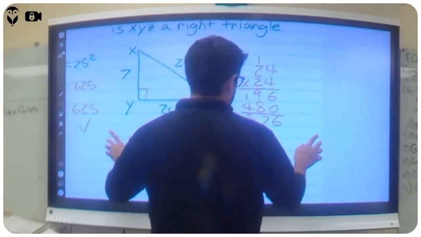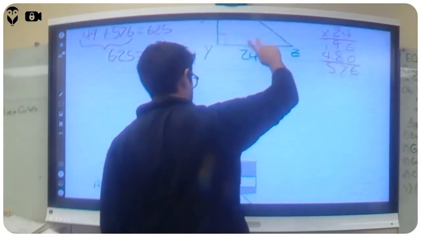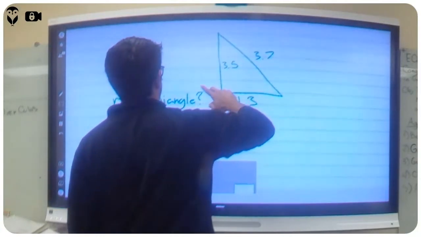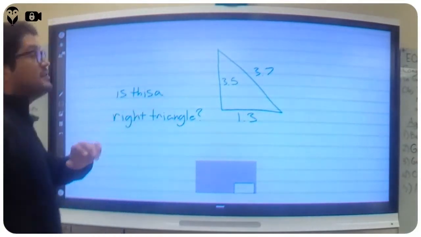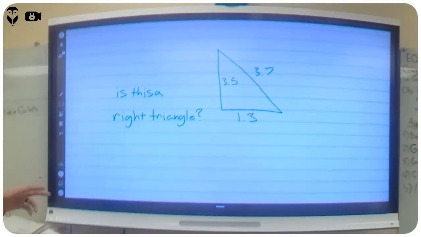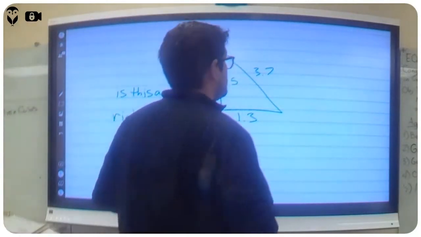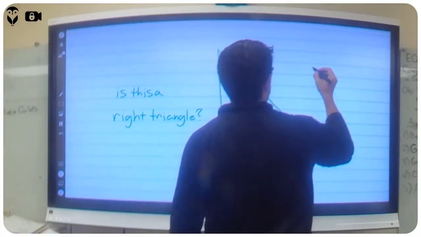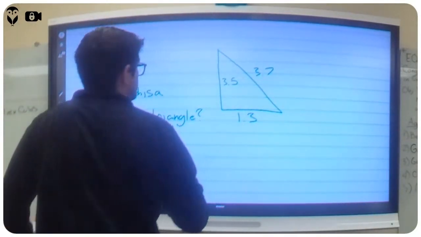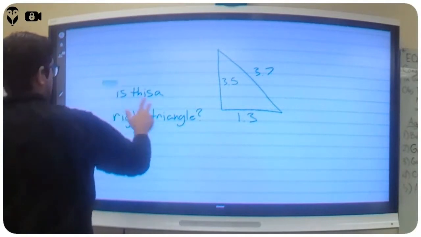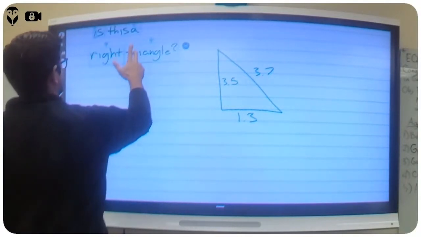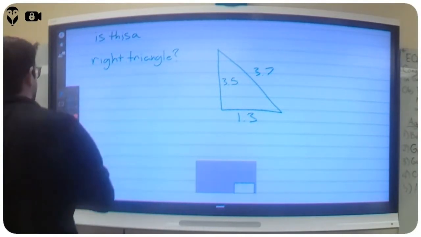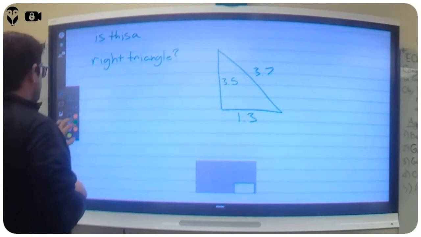Okay? Now let's do another one. Instead of going sideways, I'm going to go up here. There we go. So is this a right triangle? Same exact thing. The 3.7 is over here, so it's going to be the c. Let's move this up a little bit so I can work. Let's start with green.